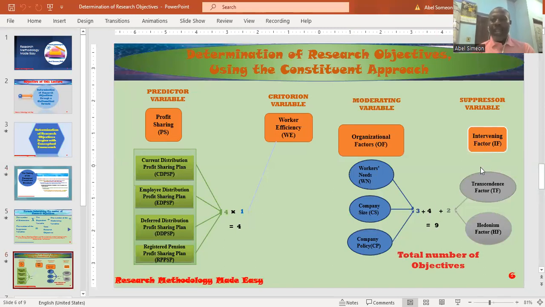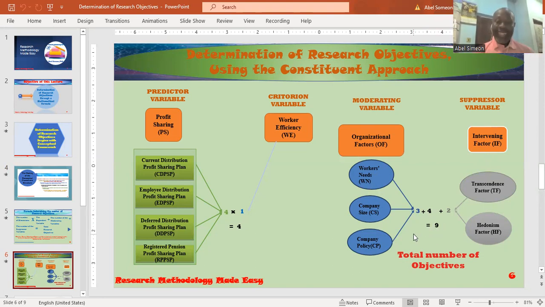On the other side, you add the number of intervening or suppressor variable. What do you get there? You get 7 plus 2, 9. So the 3 moderating variables plus 4, which we had earlier, plus 2, which is the number of suppressor variable, is equal to 9.